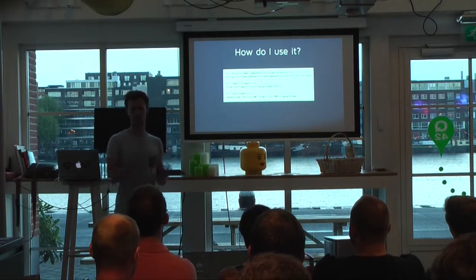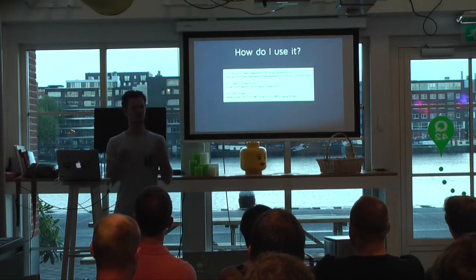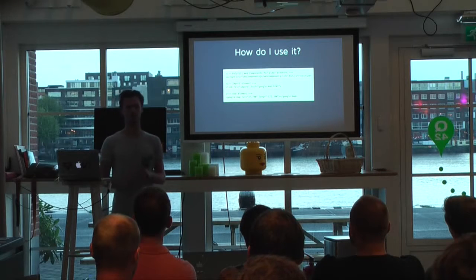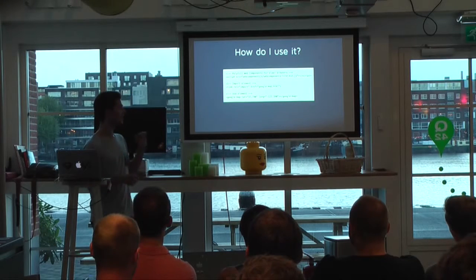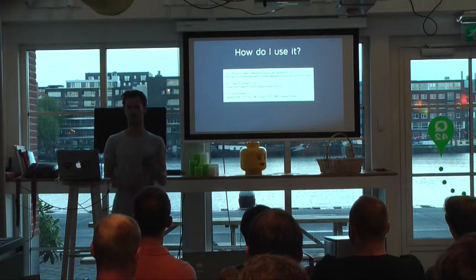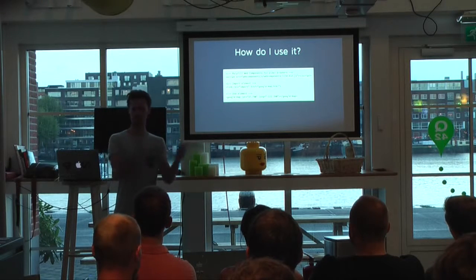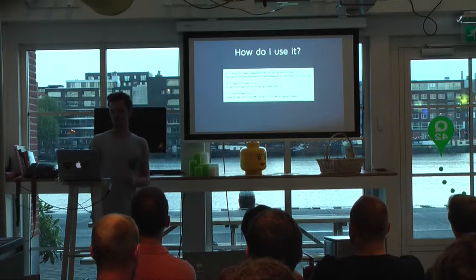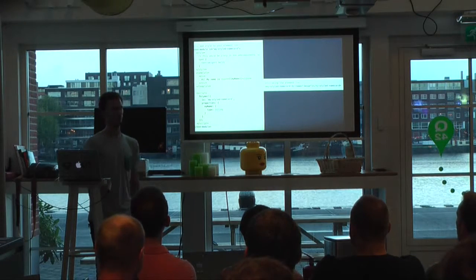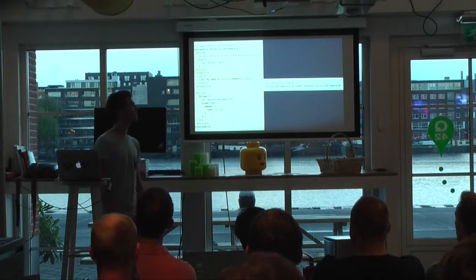Polymer puts everything in HTML tags, which requires a bit of getting used to. For example, they put an AJAX request in an HTML element as well, which, if you get used to it, is cool.